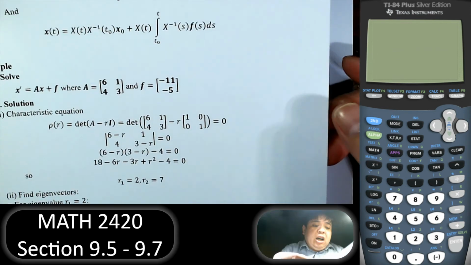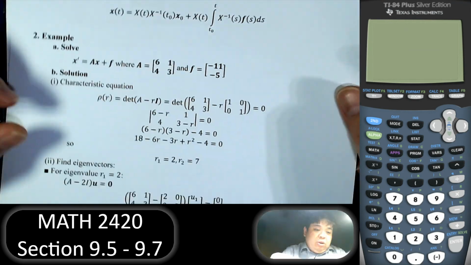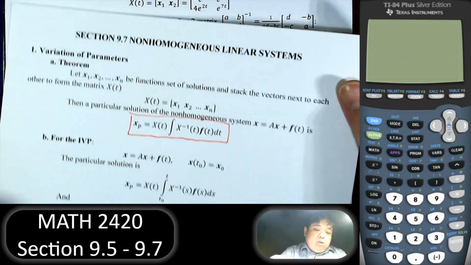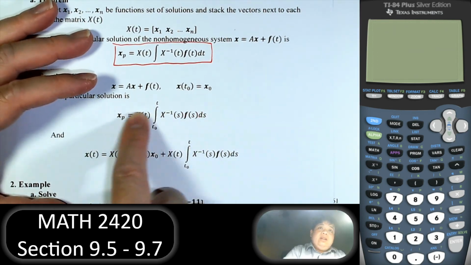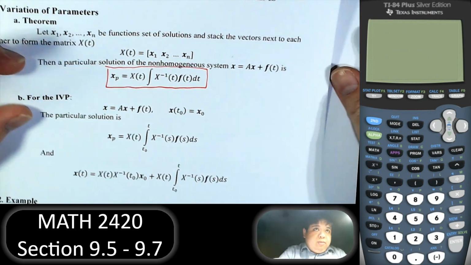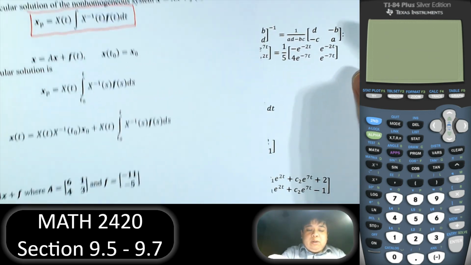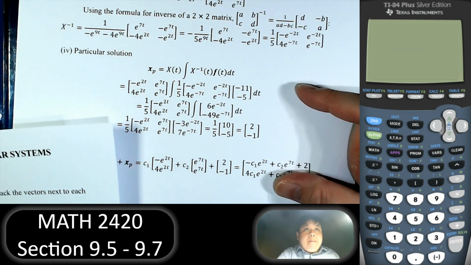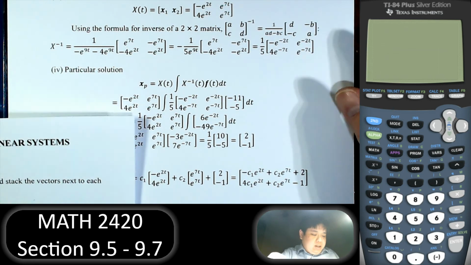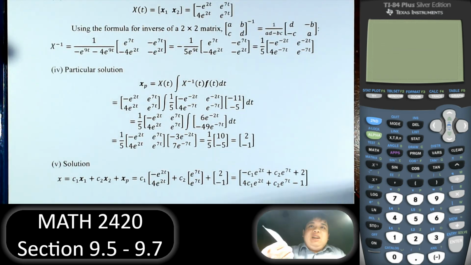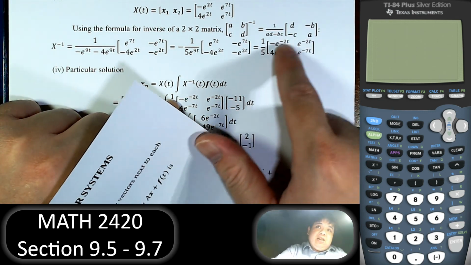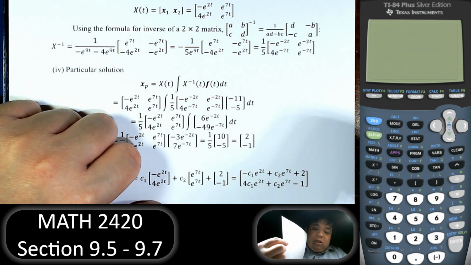So this is a little bit advanced. Normally we have to work in the matrix form, find eigenvalues and eigenvectors, and then we have to solve for this integral for the particular solution. This problem is simple, but we can see we have a lot of work already. If we have a 3 by 3, the inverse of a 3 by 3 is going to be a pain, especially since the matrix has the variable t in it.